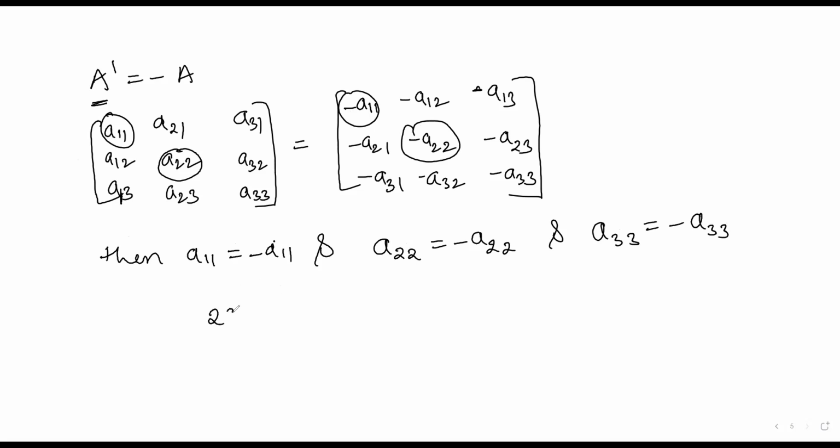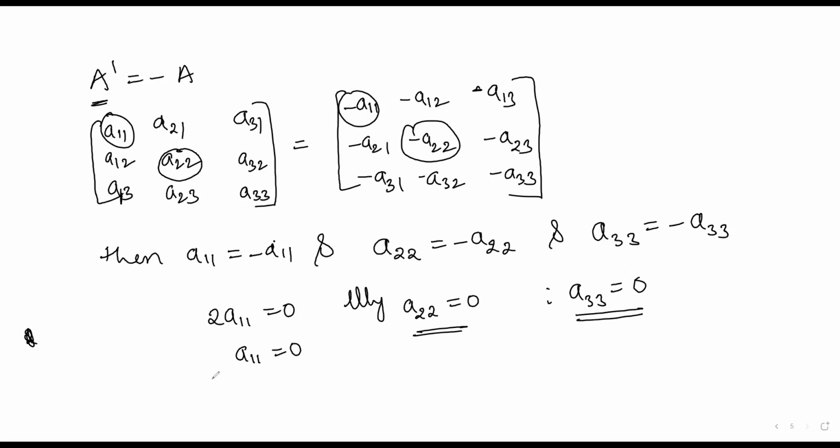So this is 2A11 equal to 0, A11 is 0. Similarly A22 is 0. 2 equal to minus 2 is not possible. It's only possible if it's 0.